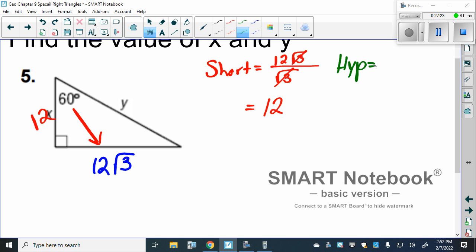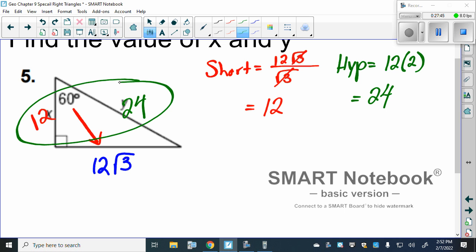Now to get back to the hypotenuse, we take the short side length and multiply by 2, which gives us 24. So whenever we're given the side opposite 60 degrees to start with, we divide by the square root of 3 and then multiply by 2 to get to the hypotenuse.